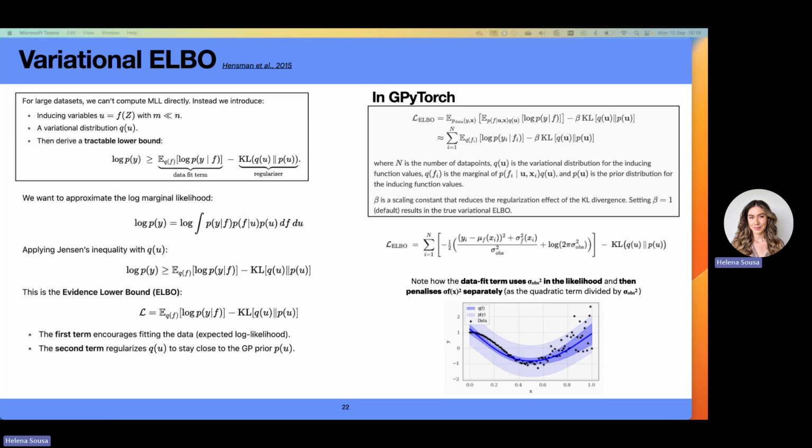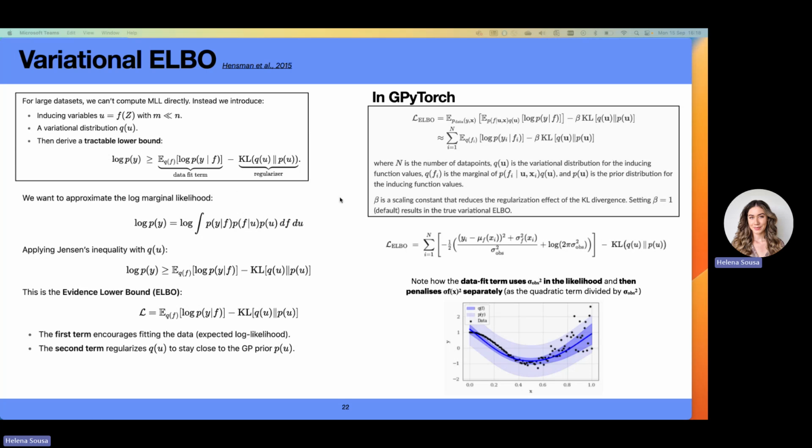So we need to introduce these inducing points and build a variational distribution, Q of U, and derive a tractable lower bound of the marginal log likelihood. The derivation of the lower bound is represented here.